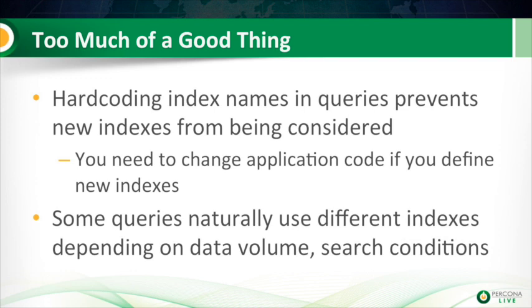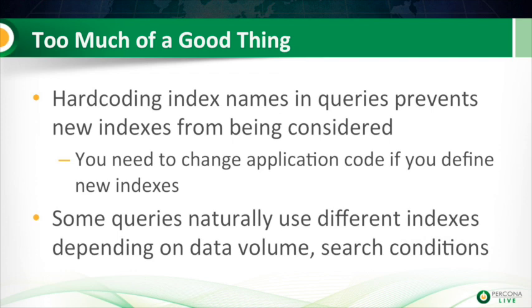And if you ever change the indexes, rename them, drop them, add new ones that should be considered, now you have an additional chore of going and finding all the places in your application code where you mentioned that index name and changing that code. So it complicates your development process. And this presentation was about developer mistakes particularly.